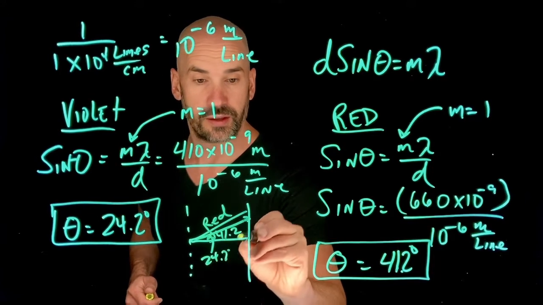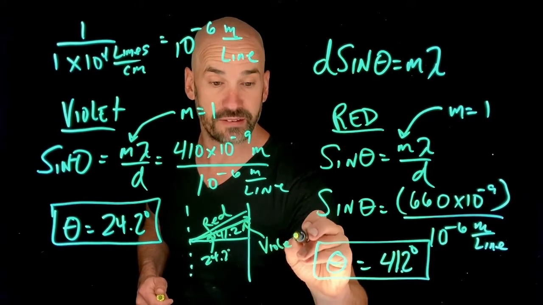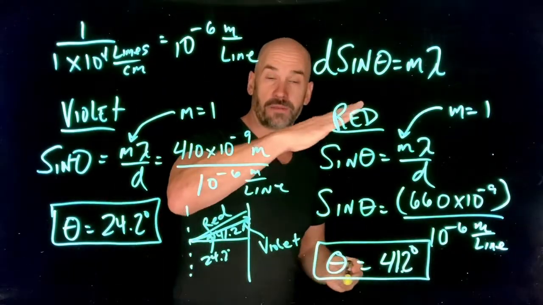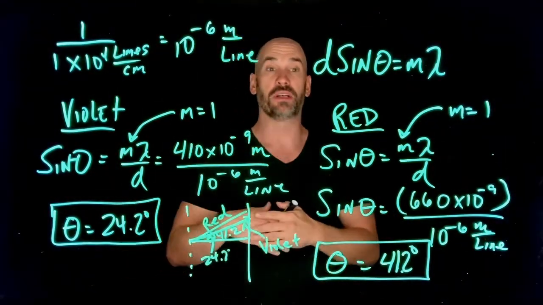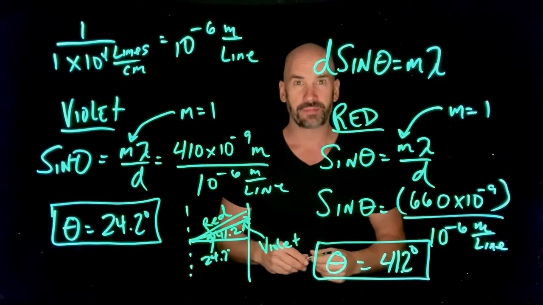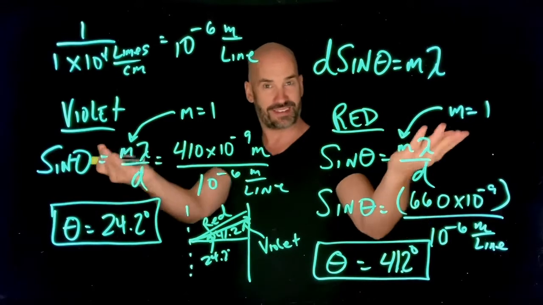So this is red, and that's going to be violet. This is proof positive that the red light is going to bend more than the violet light. And we see that there's this dispersion effect that happens when we put multiple colors or even white light through the slits of a grating. It's kind of cool. You can see it with the numbers now, with the mathematics.